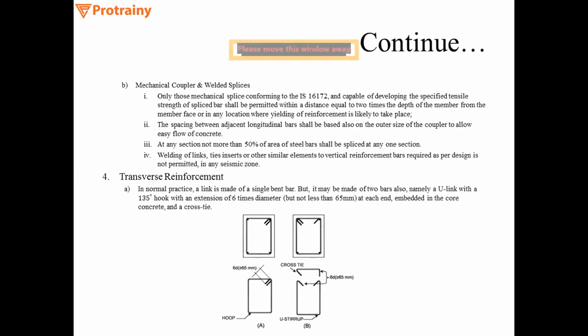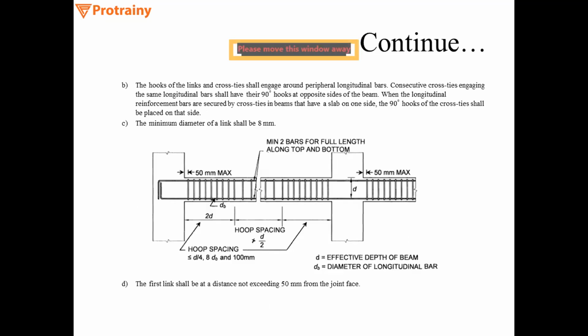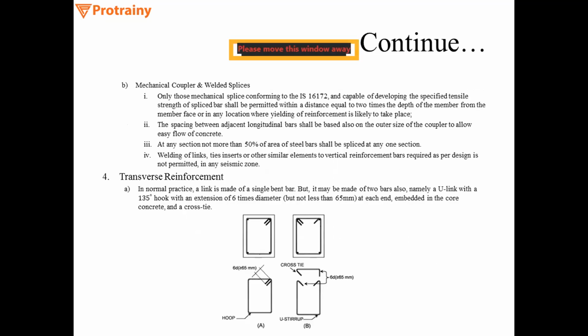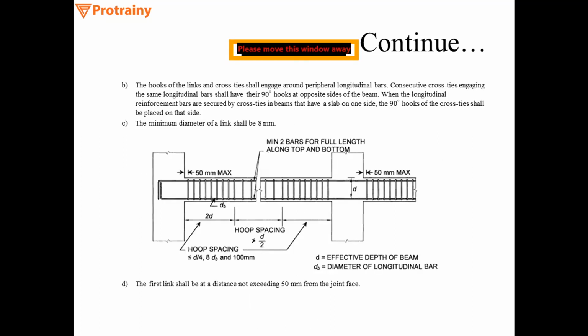So as you can see in the cross ties, there is a 90-degree hook at one side. This point is saying that cross ties will engage around the peripheral longitudinal bar. Consecutive cross ties engaging the same longitudinal bar shall have the 90-degree hook at the opposite side of the beam.